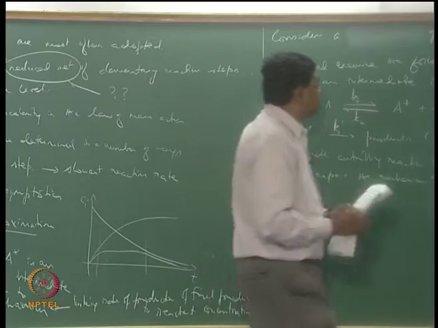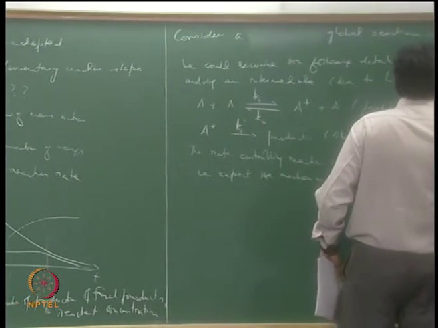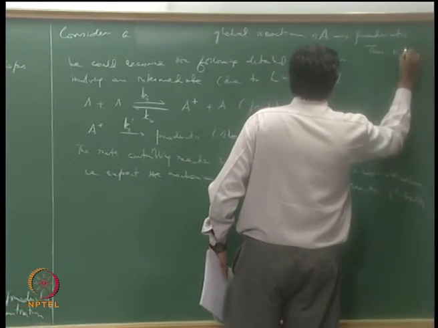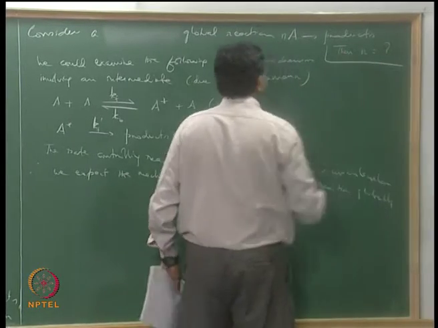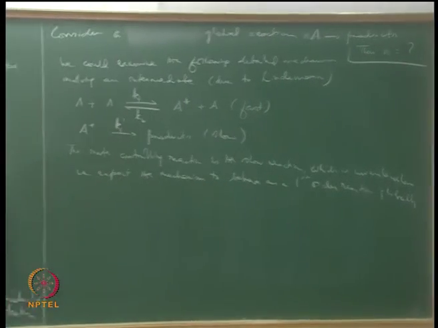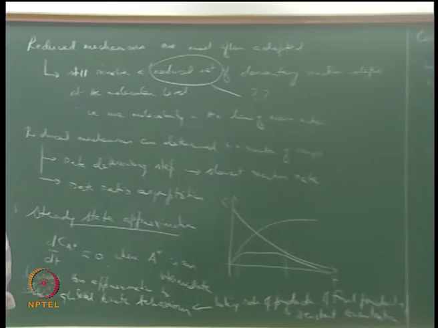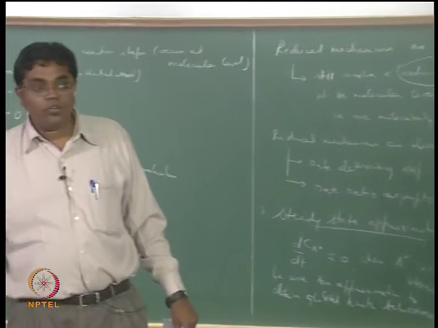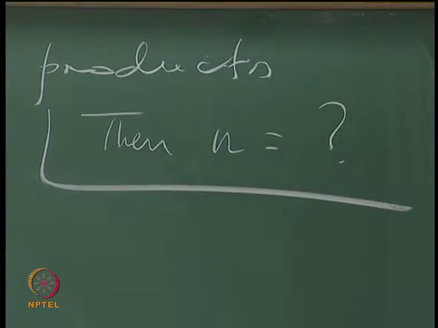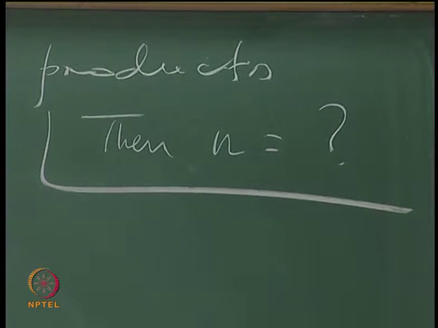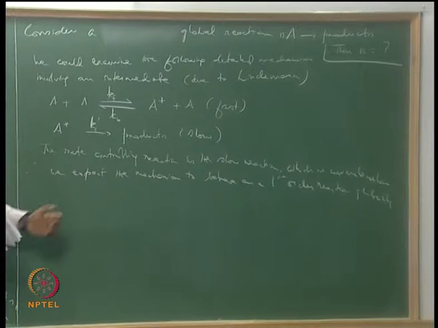So the question is, n equal to what? Is it supposed to be first order or second order or somewhere in between, or anything else? That's exactly what you are thinking about, with this being the detailed mechanism.